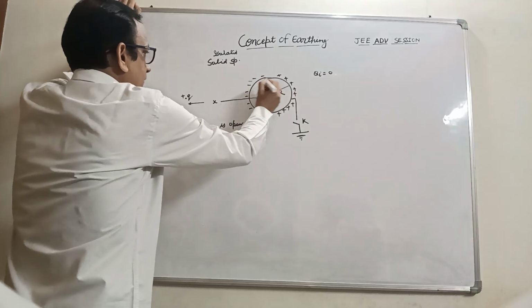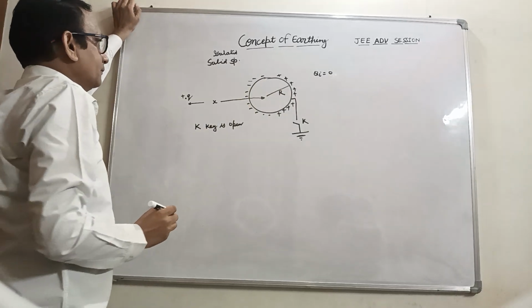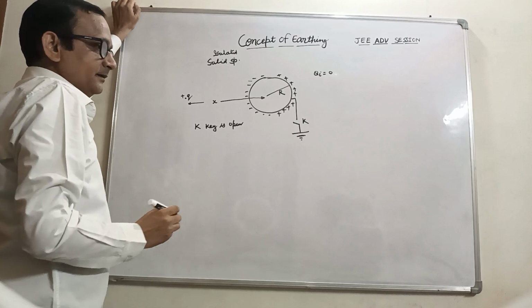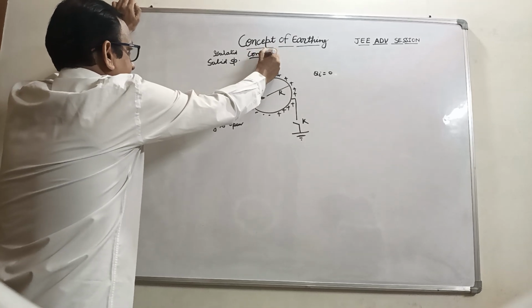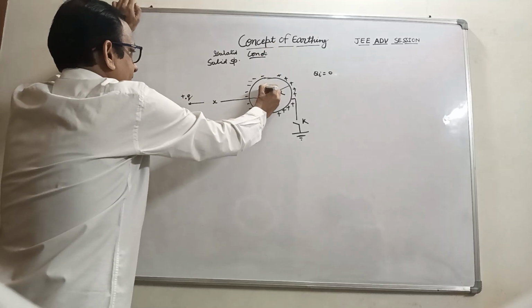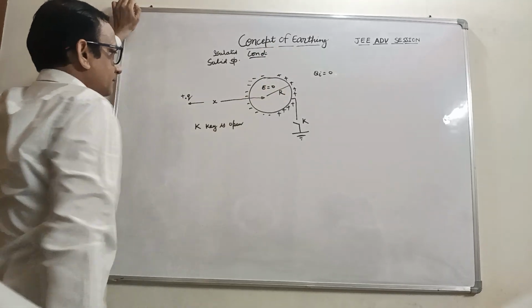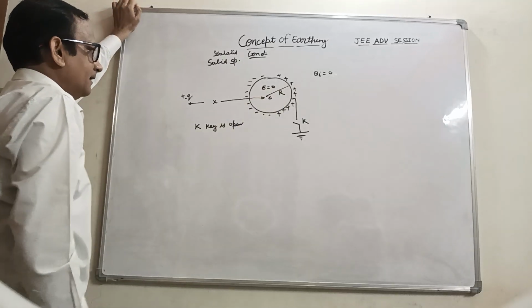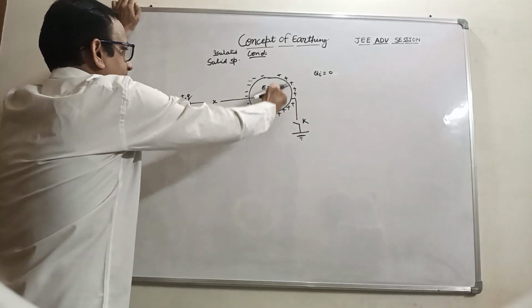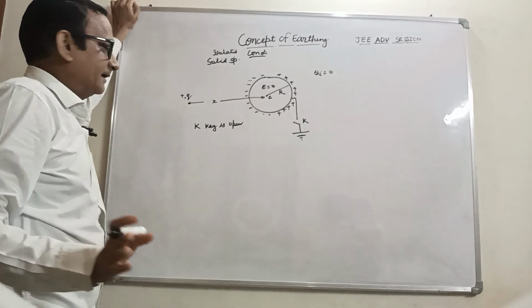We know that for a solid isolated conducting sphere, the electric field inside would be zero. Suppose this is the center of the sphere; in this region the potential is constant.